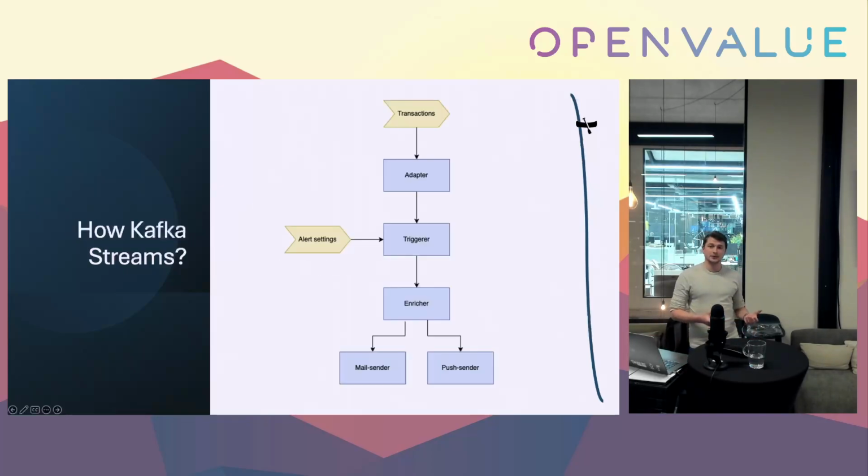So this is a very simplified version of an application that I worked on. It's an application in Rabobank which sends alert data to people. At the top you see the transactions that come in. Those are the financial transactions that people make. And you see 5 streaming applications. The top application is an adapter, which takes the correct fields from the transaction.